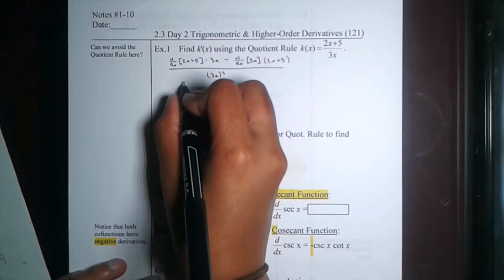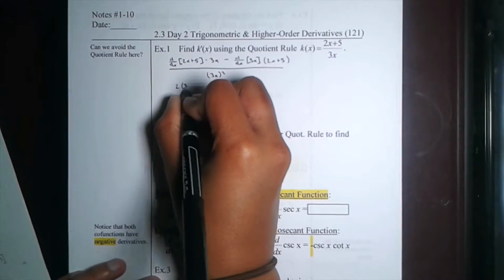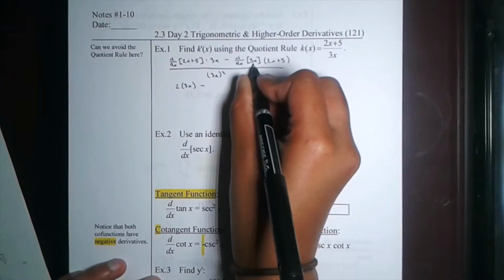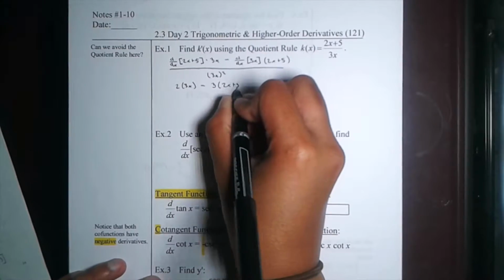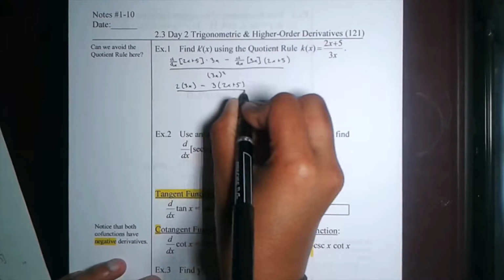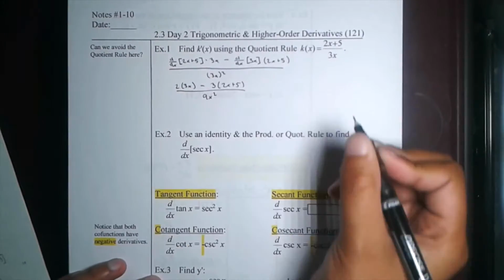So the derivative of 2x plus 5 is just 2, times 3x, minus the derivative of 3x, which is just 3, times 2x plus 5, all over 9x squared.